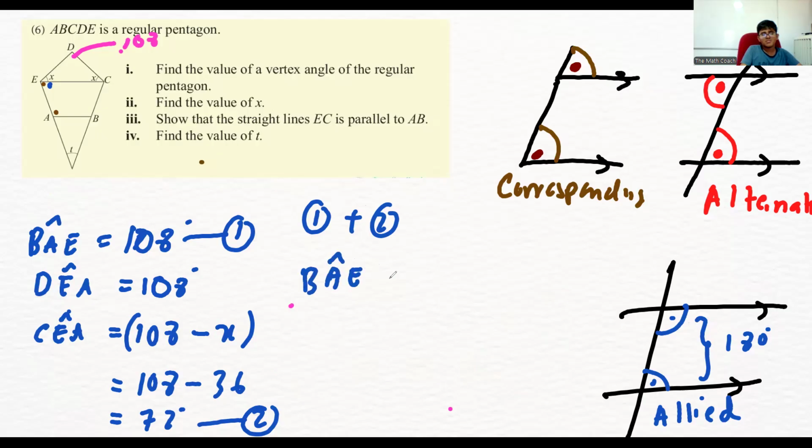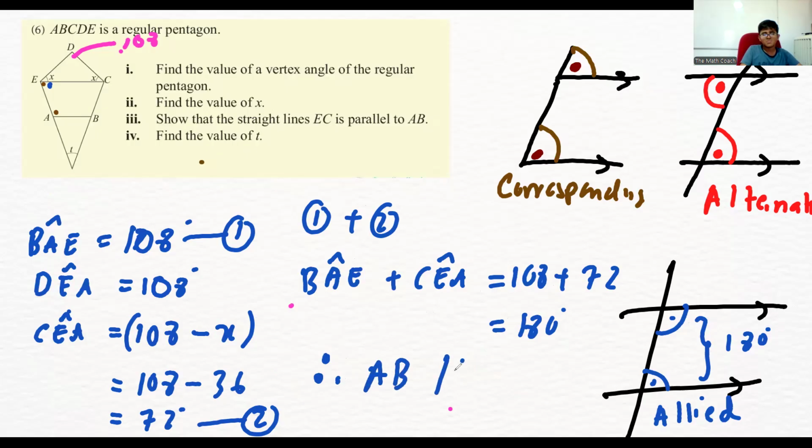BAE plus CEA is equal to how much? 108 plus 72. We have 180 degrees. And therefore, we can say that AB is parallel to EC. So this is the answer that we found now. Yep. So that's the third question.